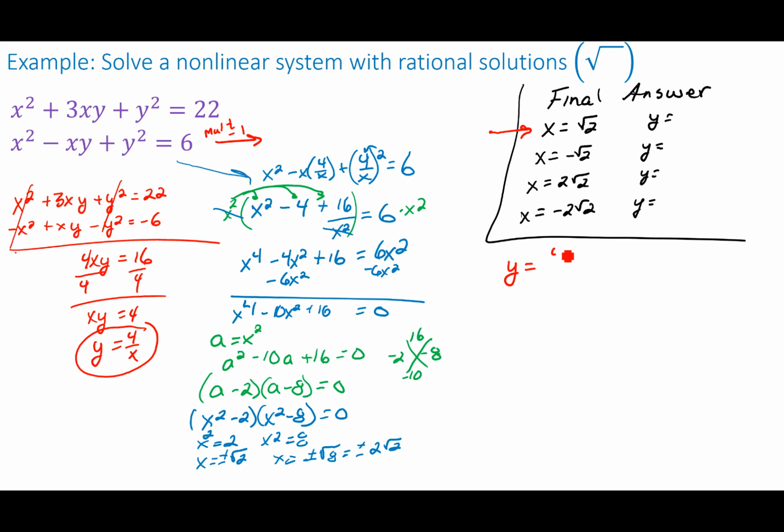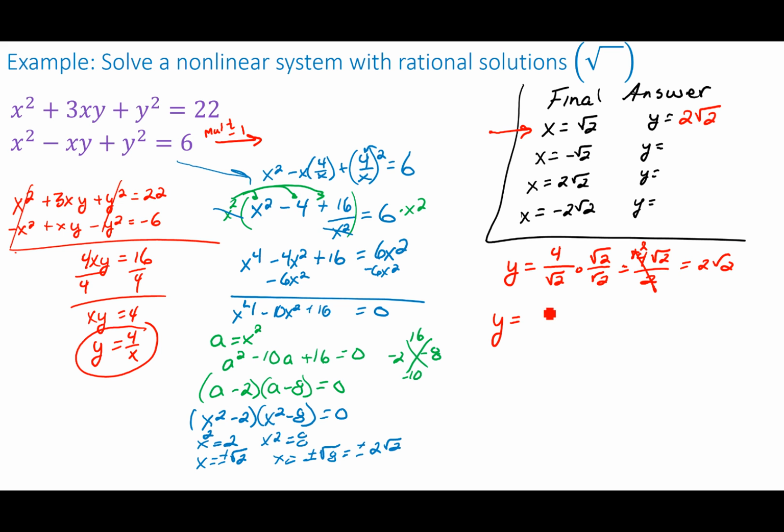is going to be 4 over square root of 2. Rationalize the denominator. It becomes 4 root 2 over 2. Those simplify to just be 2, so I have 2 root 2. So when x is square root of 2, my y is 2 root 2. And I have to do that for each of them.